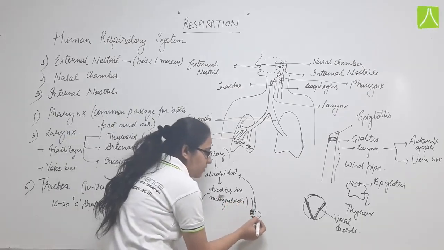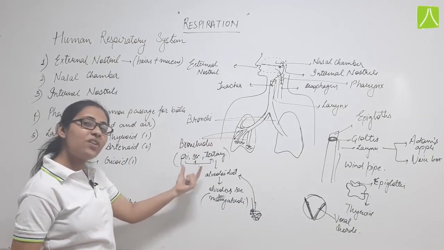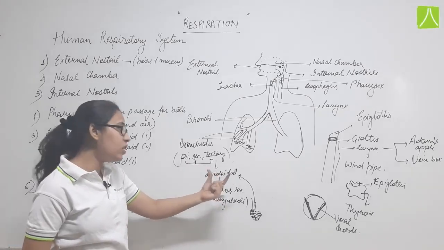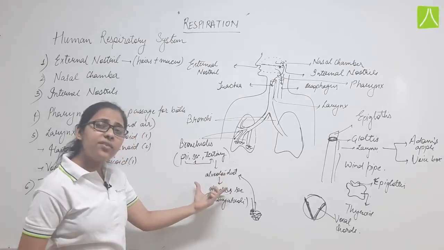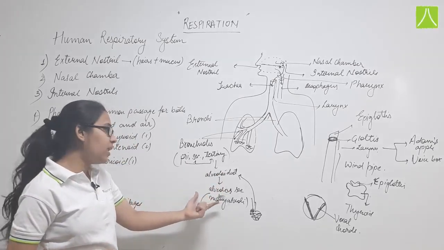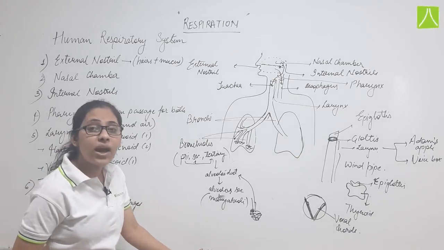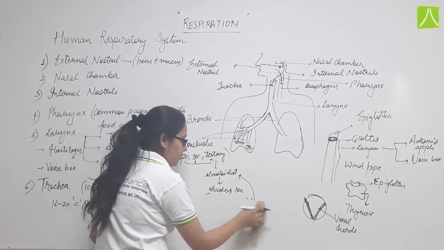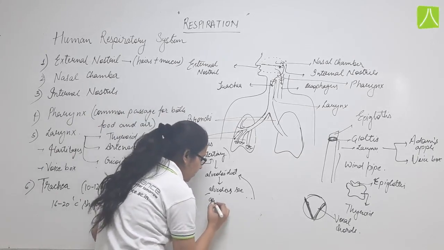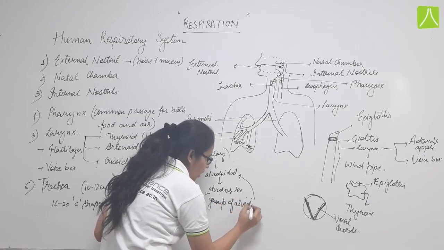So primary bronchioles branch into secondary, secondary into tertiary, tertiary into the alveolar duct, and at its terminal end is the alveolar sac, which is made up of many alveoli. We can say the alveolar sac is a group of alveoli.